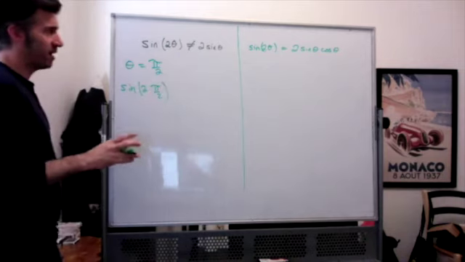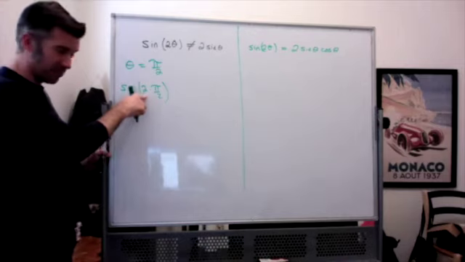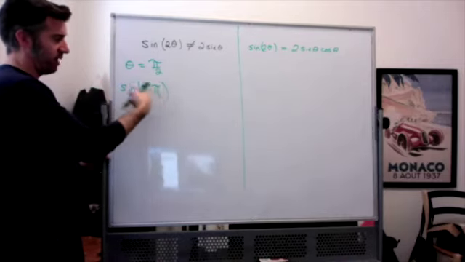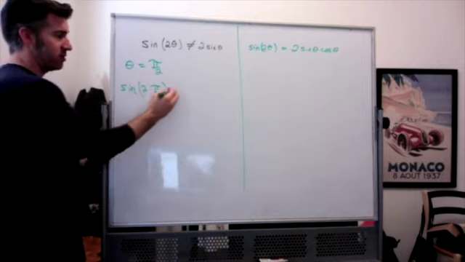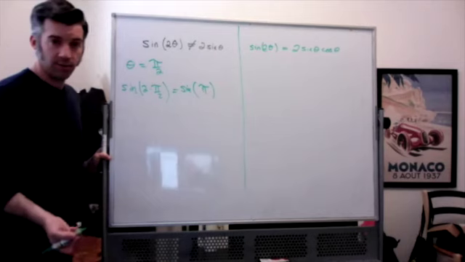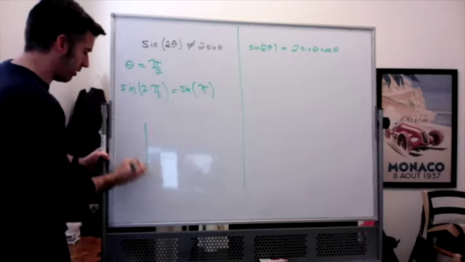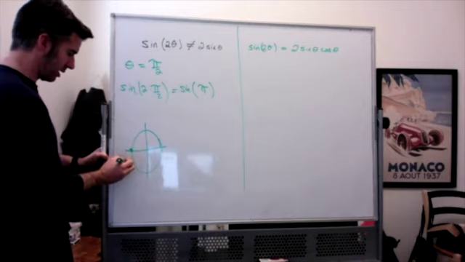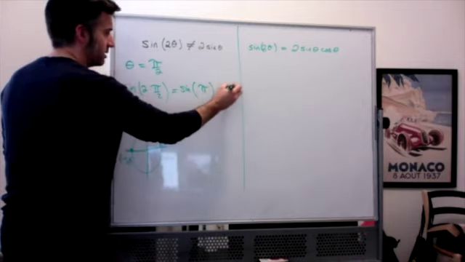This is where we have to be careful, because a lot of people actually did bring the 2 out here. When you have something like this, the idea is that you want to simplify the inside part. 2 times pi over 2 is pi. Sine of pi, well, if we're on the unit circle, sine of pi is right there. The coordinate is negative 1, 0. So sine of pi is 0.